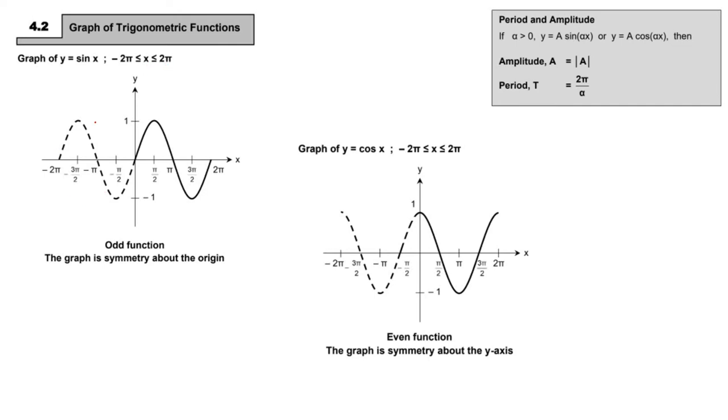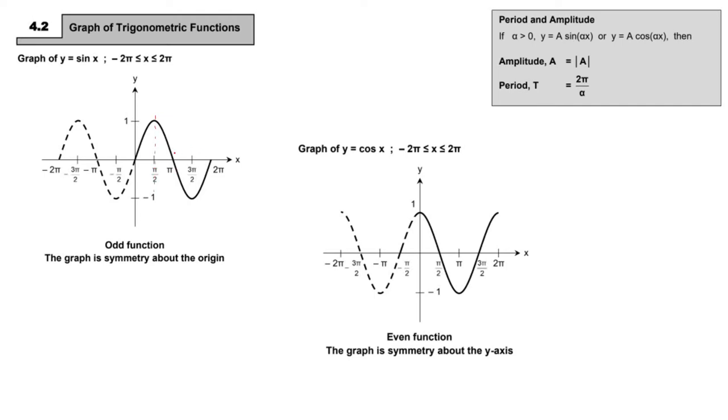Okay, so this is the graph from negative 2 pi until 0, one cycle, and then from 0 until 2 pi, another cycle. So one complete cycle starts from 0 until 2 pi. And this graph also can be divided into four subintervals.